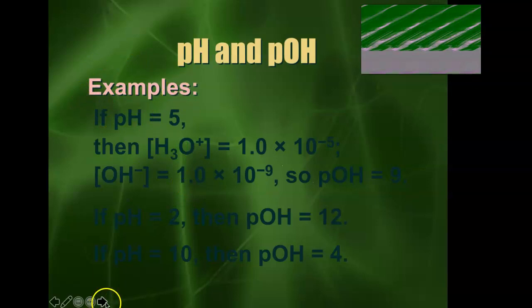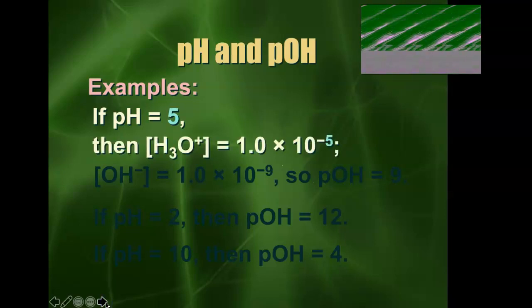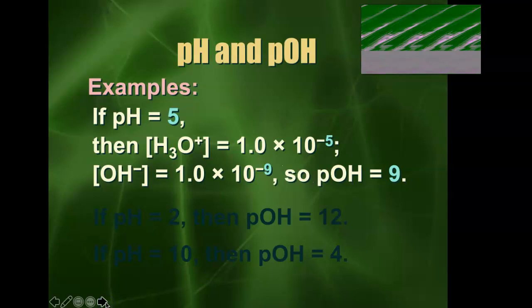So if I have a pH of 5, I can find that the concentration of hydronium is 10 to the negative pH, 10 to the negative 5th, or 1 times 10 to the negative 5th. I can also find that the hydroxide ion concentration is 1 times 10 to the negative 14th divided by 1 times 10 to the negative 5th, or 1 times 10 to the negative 9th.